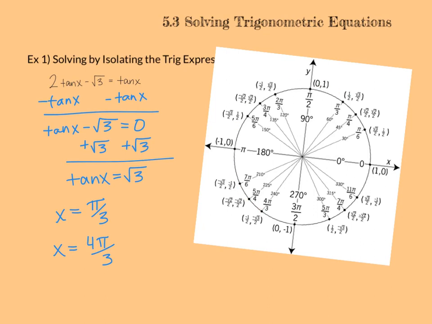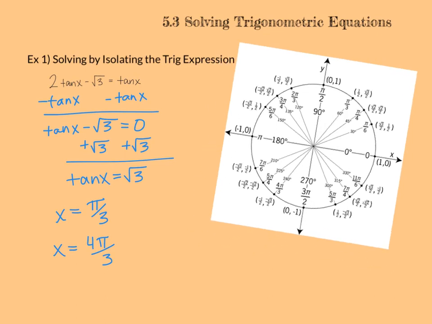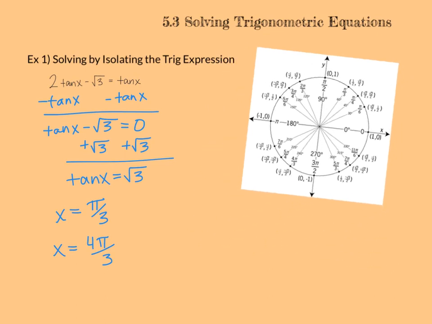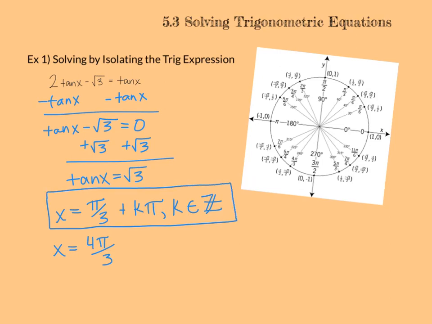So I could write this in a couple ways. Actually, the best way to write it is just including pi over 3 and then adding k pi, where k is an integer. Your book might use n, I can't recall. This encompasses this answer. Let's think about that.